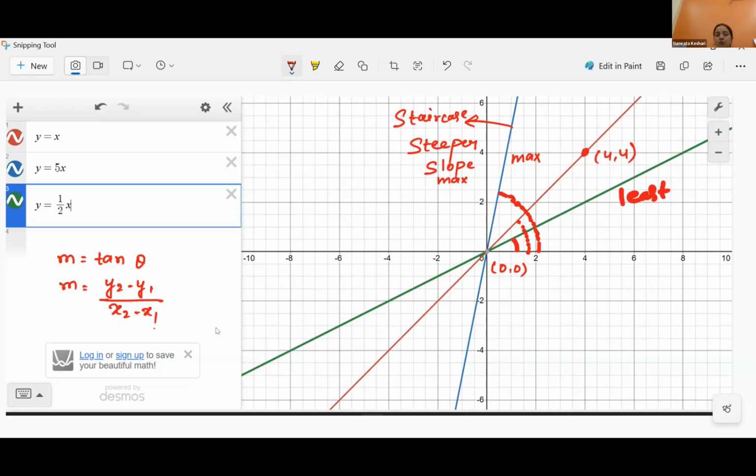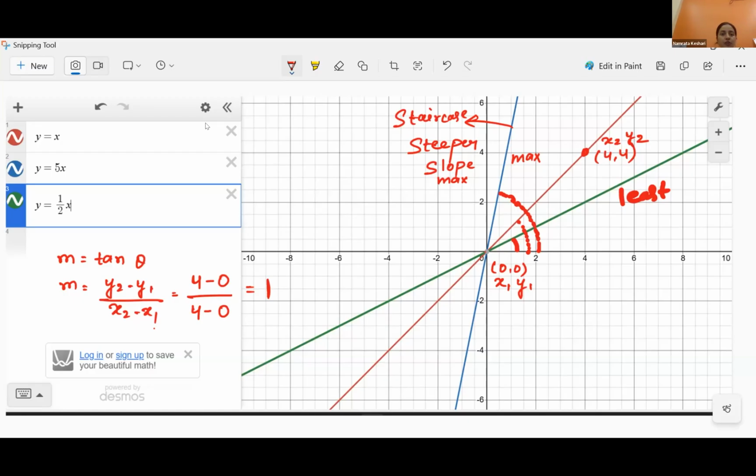Suppose 4 comma 4 is x2 y2 and 0 0 is x1 y1. If we do y2 minus y1, we'll have 4 minus 0. If we do x2 minus x1, we'll have 4 minus 0. Clearly you can see the slope is 1.